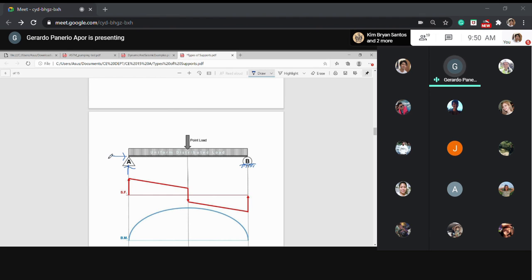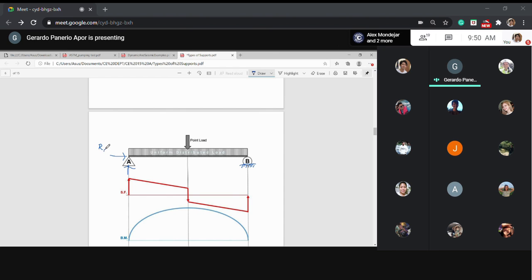But this horizontal reaction here is 0. Why? Because there is no horizontal force. The point load is directly downward, and the uniformly distributed load is also downward. So there is no horizontal force. Even though the support can resist horizontal force, RAX is 0.